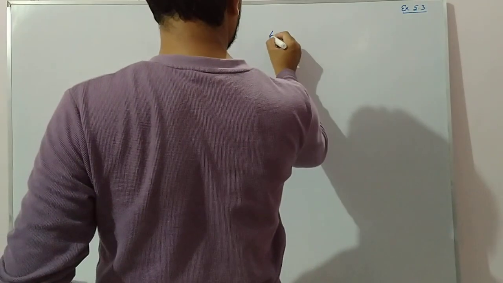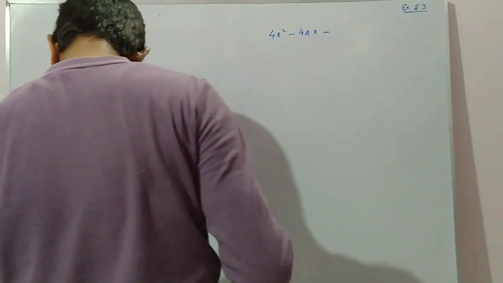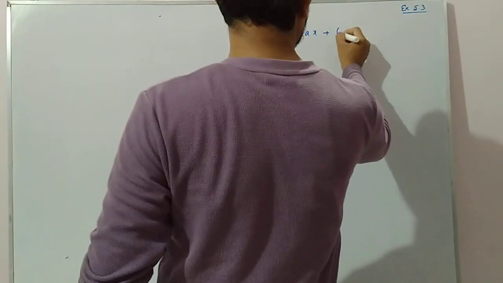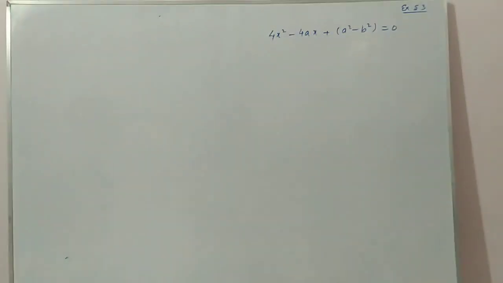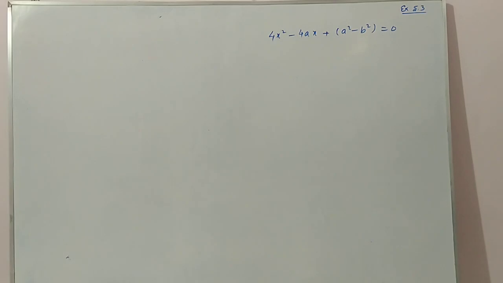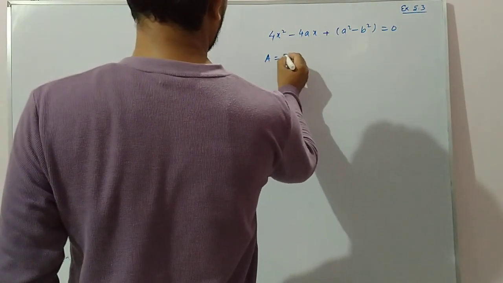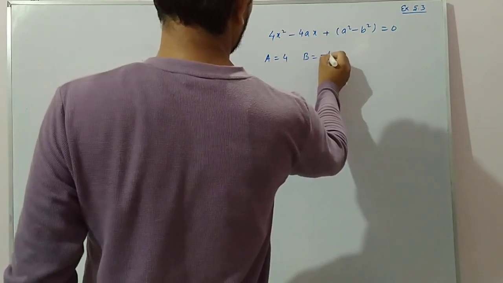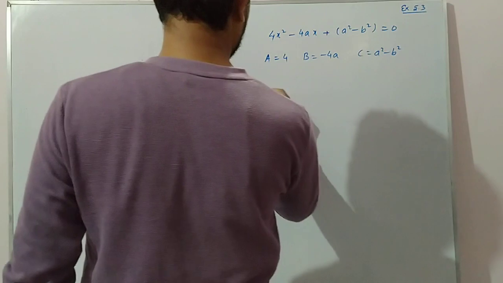In 5 number 2 it is given that 4x square minus 4ax plus a square minus b square equal to 0. Now here again a is 4, b is minus 4a and c is a square minus b square.